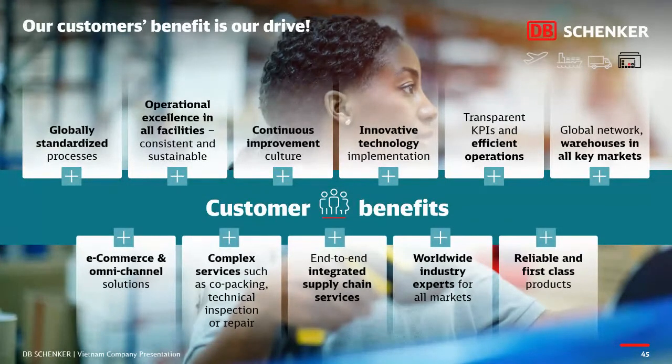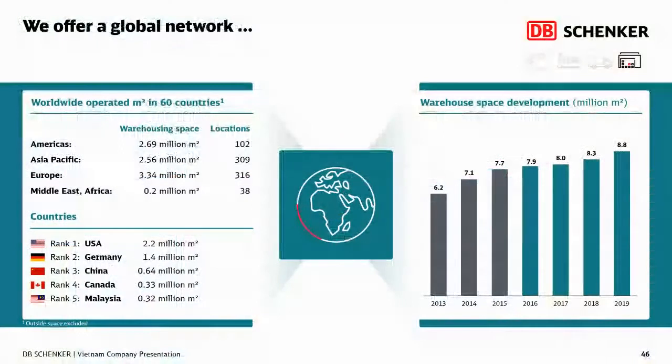And of course, we have expertise in all vertical markets in all industries to sit down, hear customer expectations, and design solutions for them. Yeah, reliable service. So that's all the benefit customers can enjoy when they go on board with Schenker, or, how to say, they get married with Schenker for contract logistics.